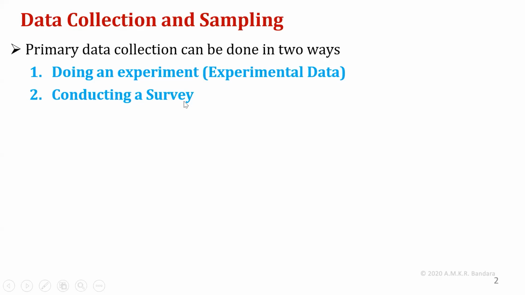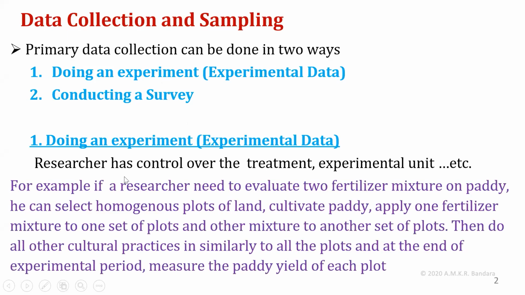Sometimes we will not be able to conduct a controlled experiment. In that case, we can collect data using a survey. As I explained, in an experiment the researcher has control over the treatment, the experimental unit, and most other factors.